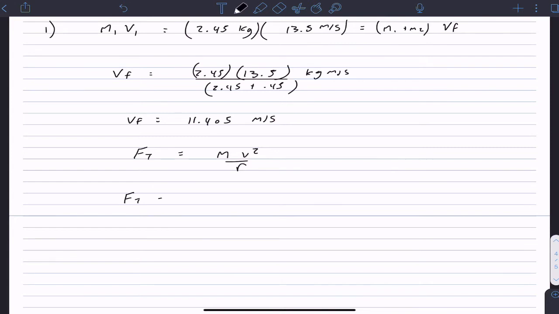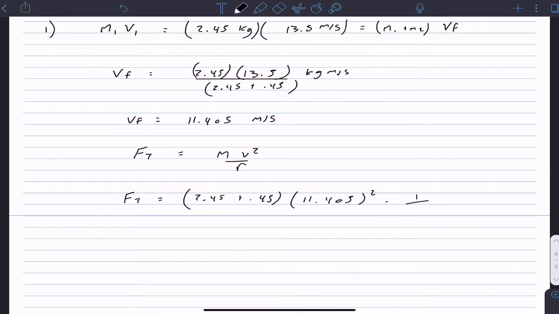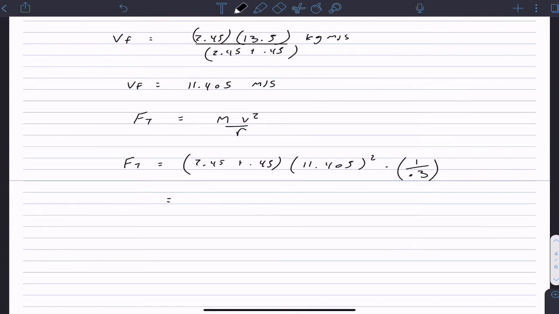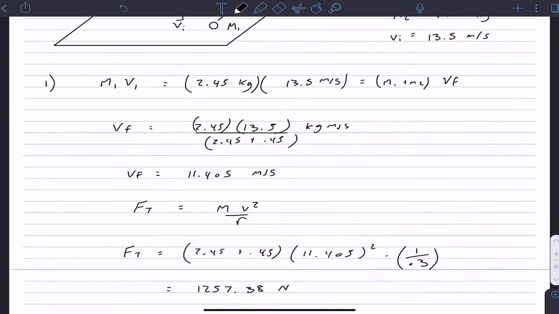The tension force is equal to 2.45 plus 0.45, times 11.405 squared, times 1 over 0.3. That's going to give us a value of 1,257.38 newtons. So that's how you solve that problem.